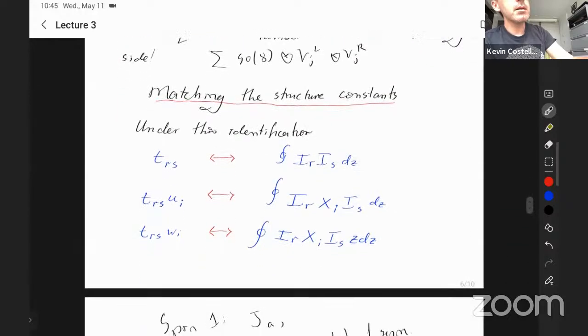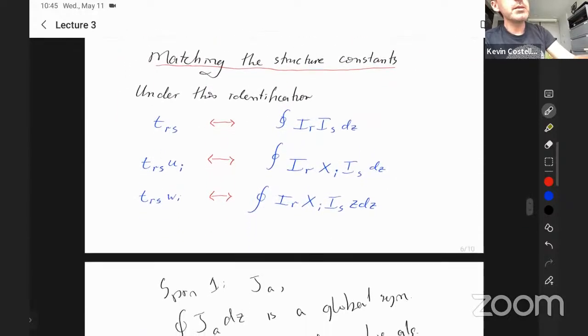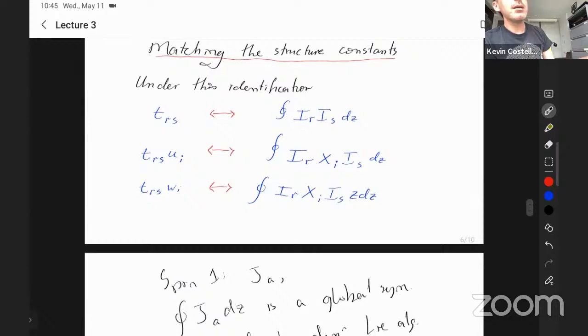So the way it's going to work is that here T is some element of SO8. I'm writing this for R, S as vector indices for SO8, and things are anti-symmetric in R, S. So holomorphic functions from SL2C to SO8 look a little like this. At the lowest level, I just have those constant functions here.